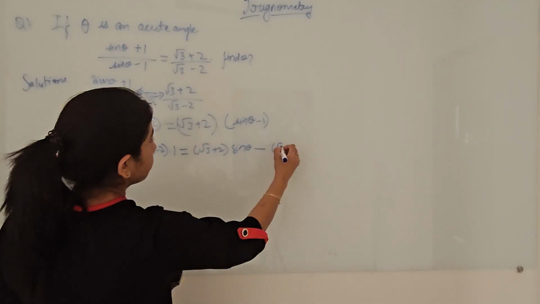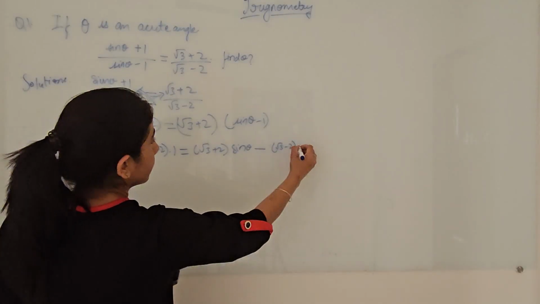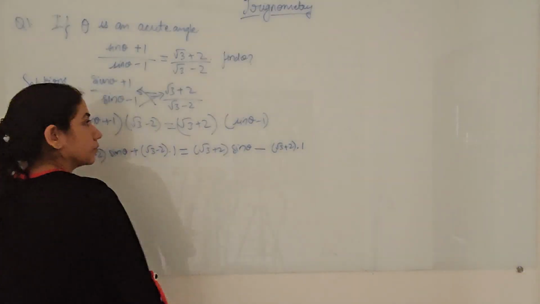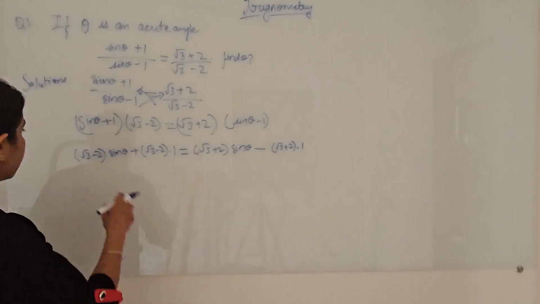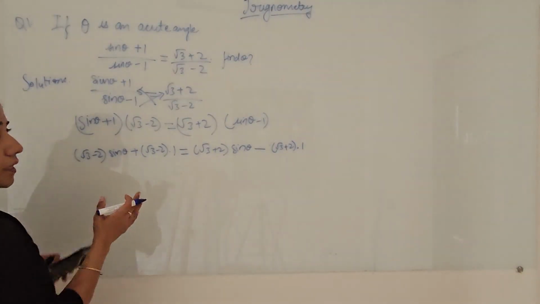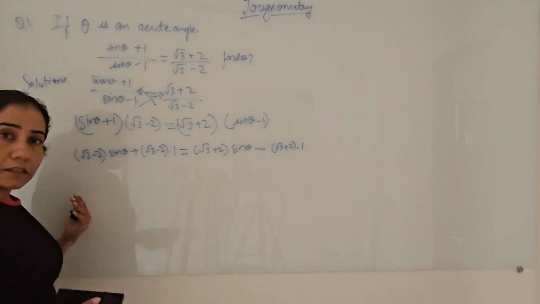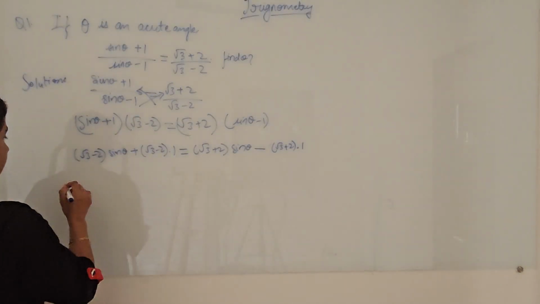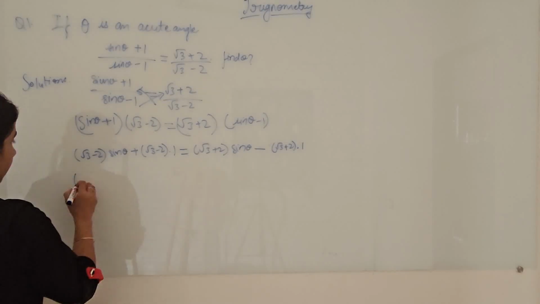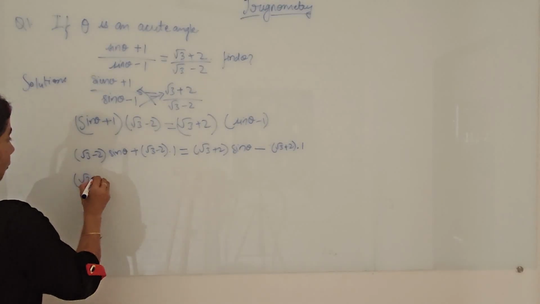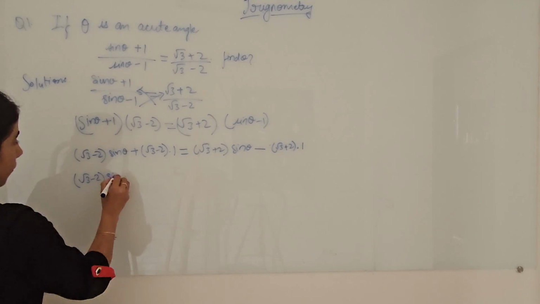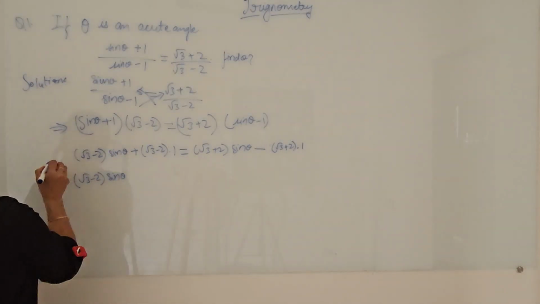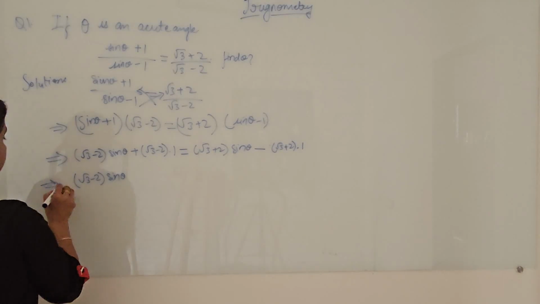Now taking all the sin theta terms on one side and the constant terms on the other side, what I got: (root 3 minus 2) sin theta, which is already on the LHS part. Just write the implies sign on every step.